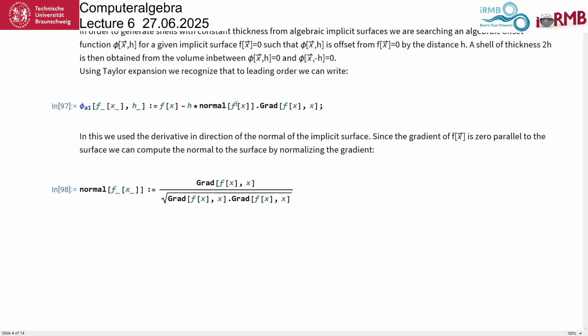For this, what we need to have is, of course, the normal. And the normal also comes out of the gradients. Yeah? I don't know whether this is intrinsically clear. It is.